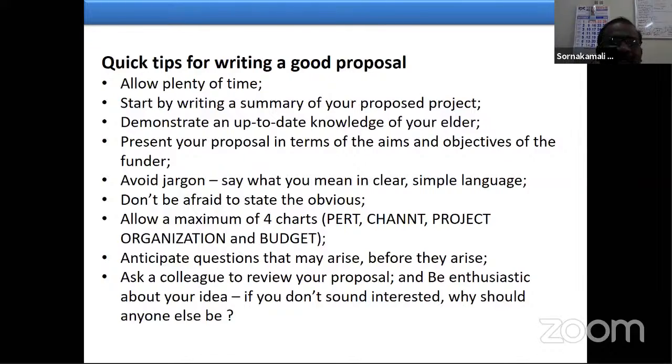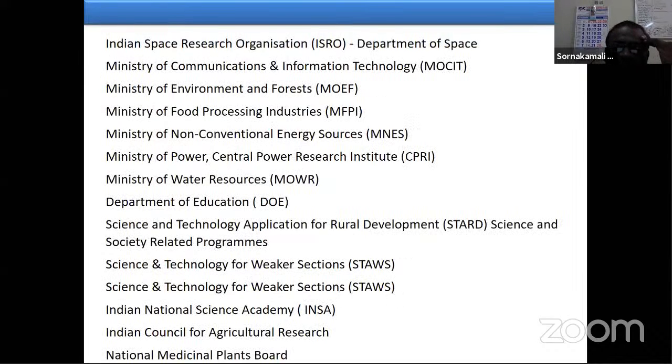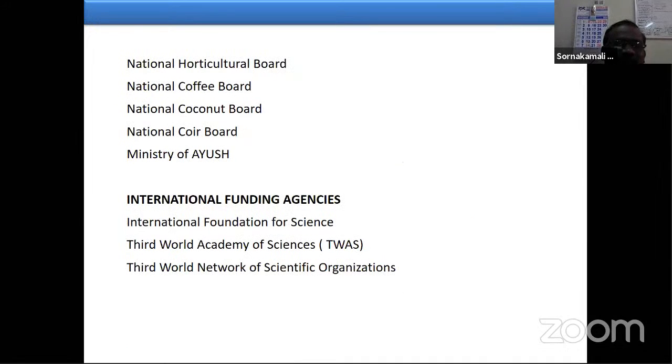These are the funding agencies in India: UGC, AICTE, CSIR, DRDO, DAE (the Department of Atomic Energy), DBT, ICMR, IMD, ISRO, the Ministry of Food Processing Industry, the Ministry of Environment and Forests, the Indian Council of Agricultural Research, the National Medicinal Plant Board, the Horticulture Board, Coffee Board, Coconut Board, Coir Board, and the Ministry of AYUSH.